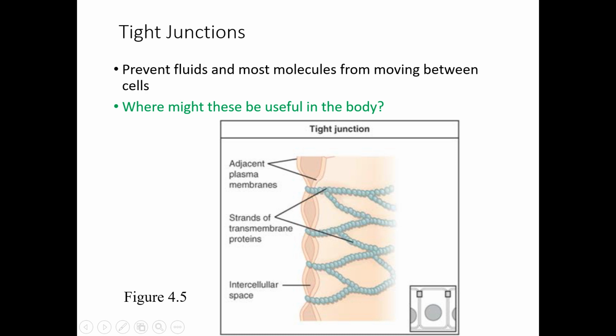Those are protein molecules, very tight. Here is another tight junction, so nothing actually can go between those two cells, even water molecules. So where might tight junctions be useful in the body? Wherever the organ should be waterproof.